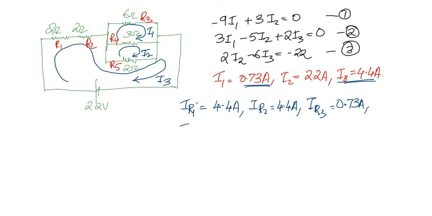Now IR4, that is the fourth resistor. The current through the fourth resistor, if you look carefully, is I1 minus I2. So I1 is 0.73, 0.73 minus 2.2, that is minus 1.47.